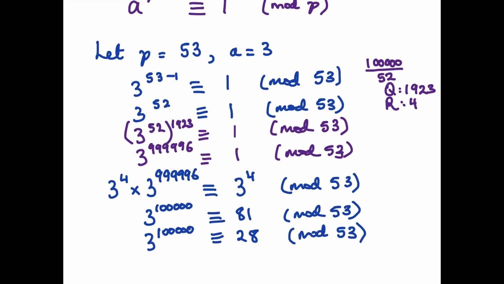So, we want to find the remainder when you divide 3 to the 100,000 by 53. So our last line reads 3 to the 100,000 mod 53 is equal to 28. In other words, the remainder you get when you divide 3 to the 100,000 by 53 is going to be 28.